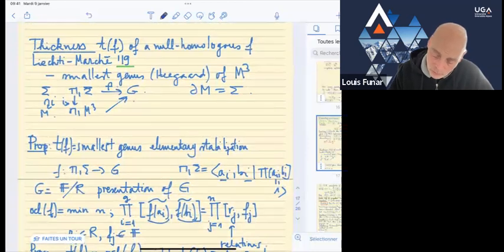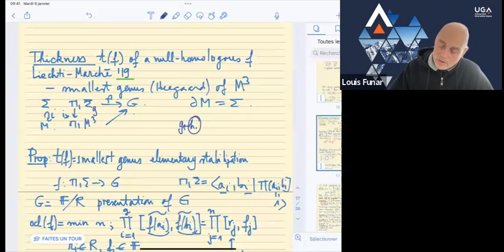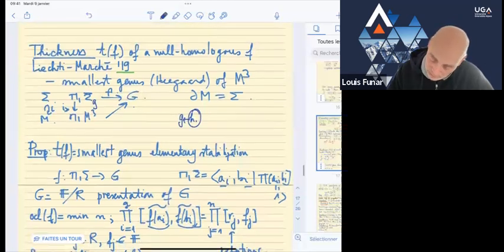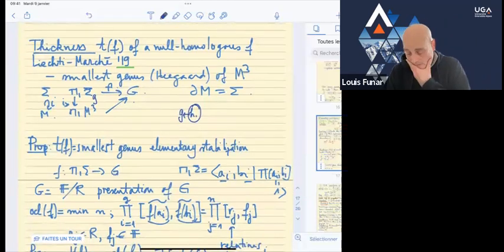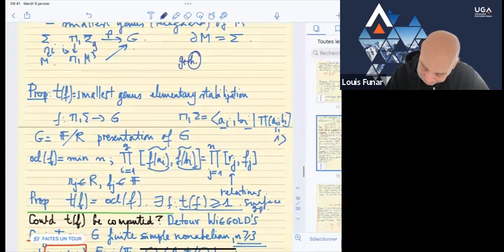So if you are in genus G here, and the Heegaard genus is G plus H, then H is the minimal number of stabilizations you need. You have an algebraic way to compute it, but this is completely useless, I would say.